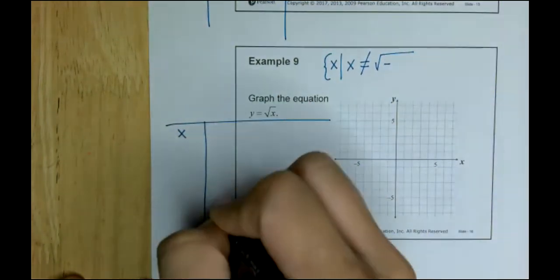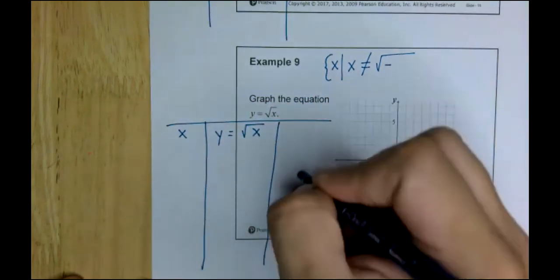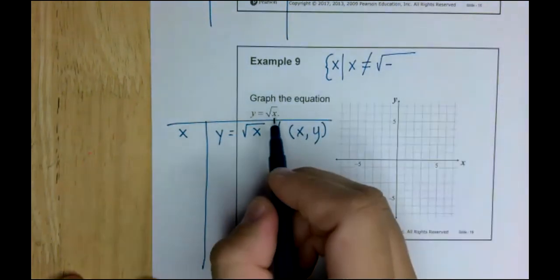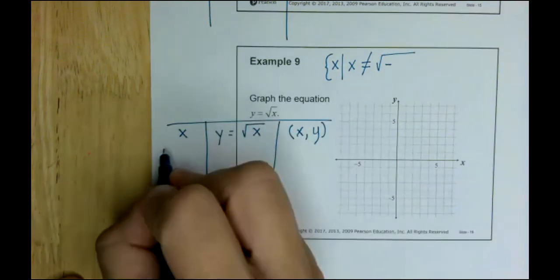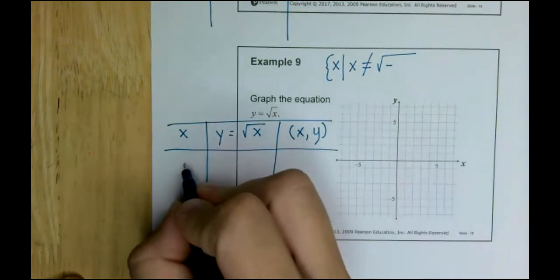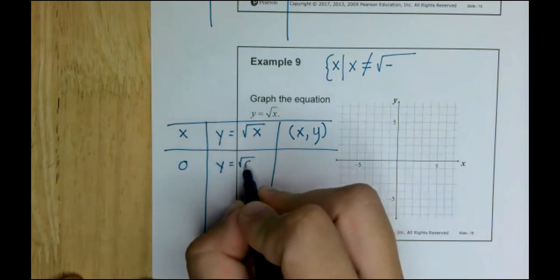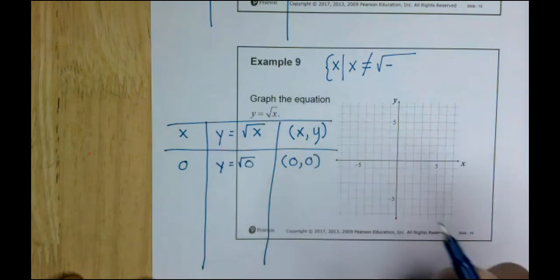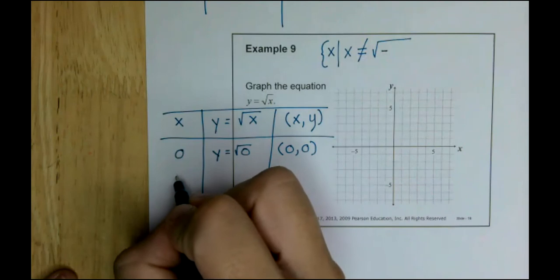X, y is the square root of x. And you know what? If I have to square root x, I'm going to make x into a perfect square. What are some perfect squares? Well, we have 0. Y equals the square root of 0. So that will be 0, 0. The square root of 1 is 1, right?